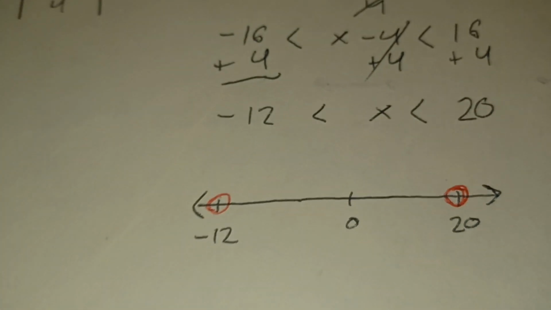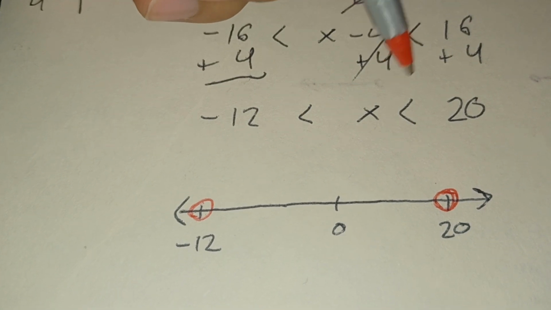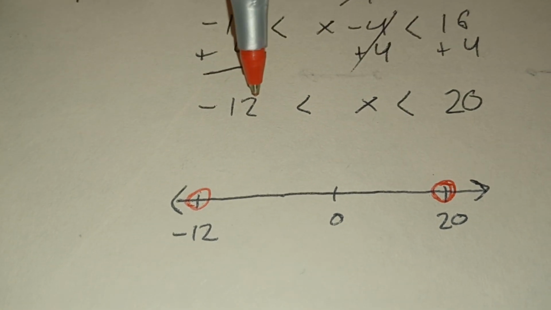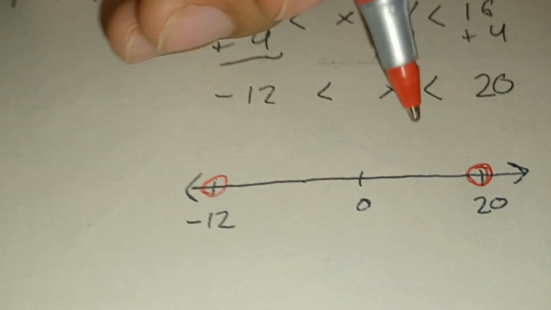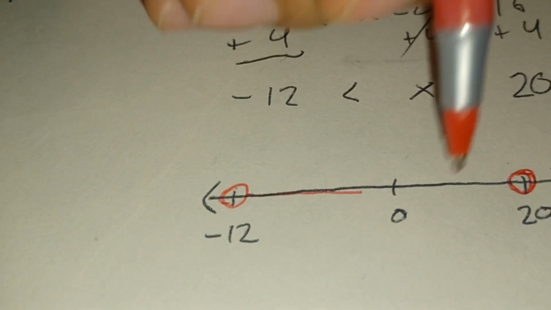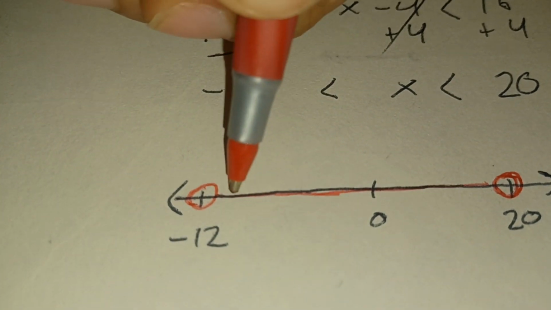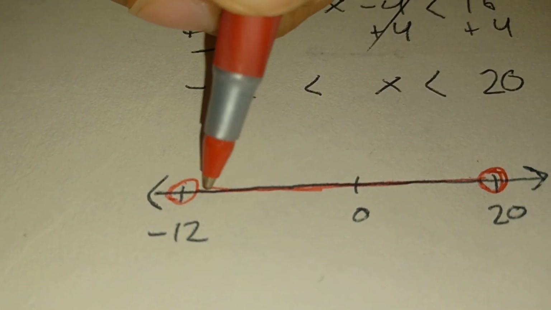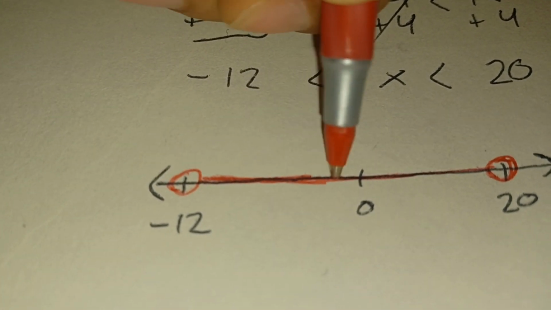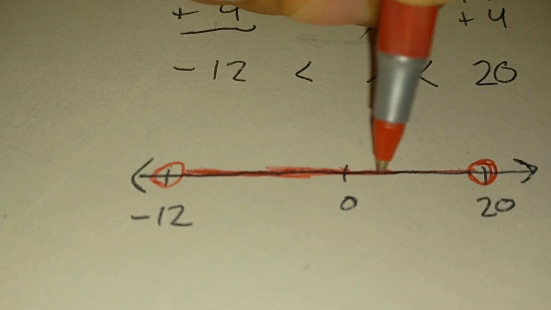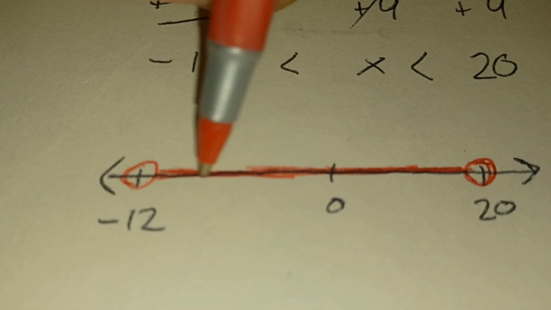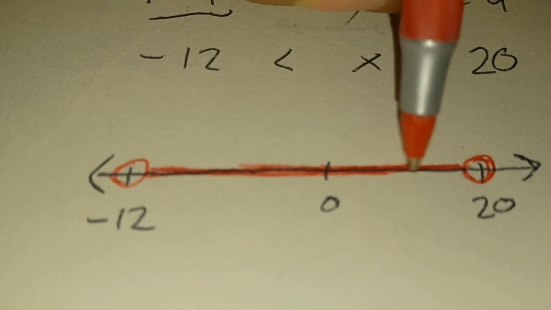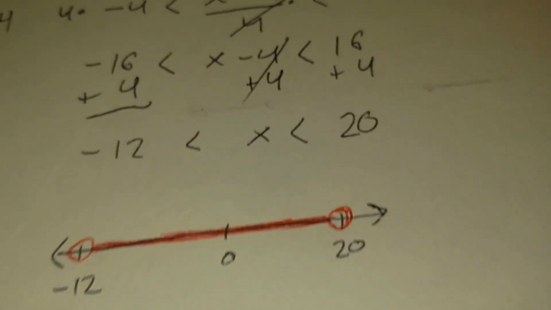Since 20 is greater than x and x is greater than negative 12, the values that will satisfy this inequality are in between negative 12 and 20. Open circle, because the endpoint is not included. Like that.